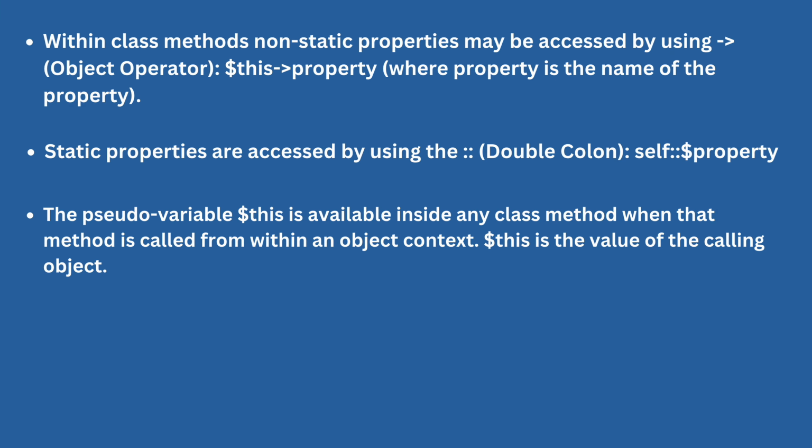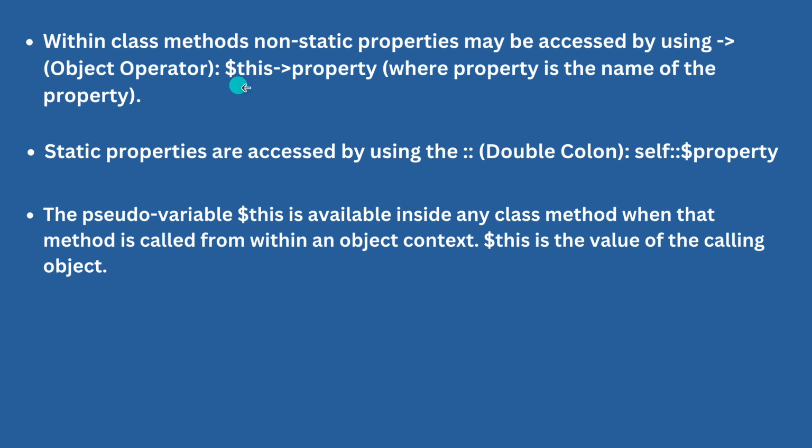Now move on to the next point. So you are clear about these 2 points? Yes, sir. Where will you use $this? In the case of public, protected, private properties, non-static. Non-static properties means public, protected or private properties, right?